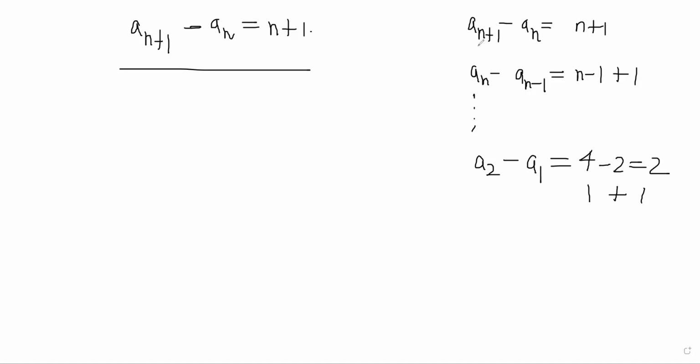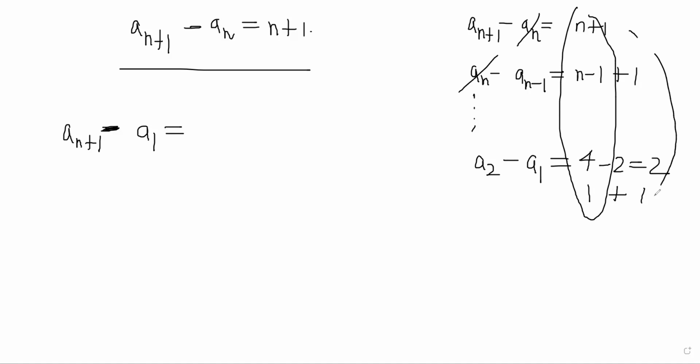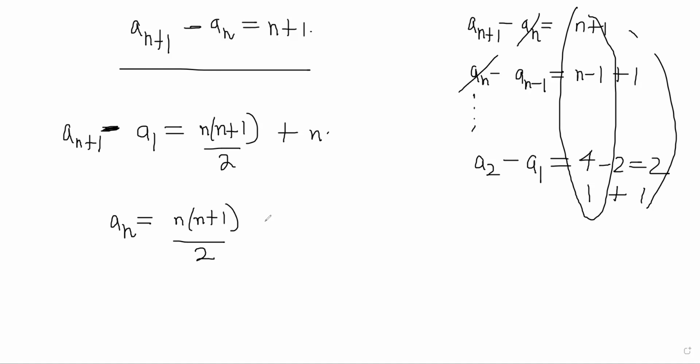If you add it all, you will notice that many of the terms get cancelled and you will end up with an+1 - a1 equal to the addition from 1 to n, plus n. So you will get n(n+1)/2 + n. You can simplify this and find an. an comes out to be n(n+1)/2 + 1.